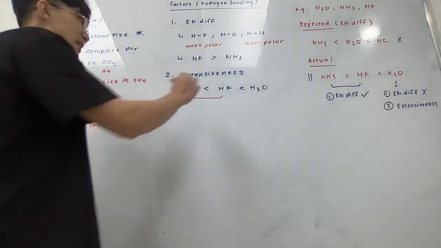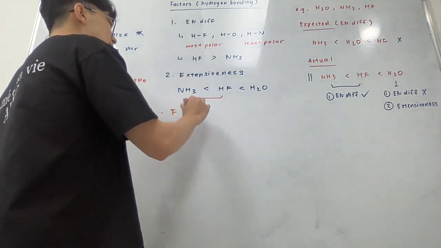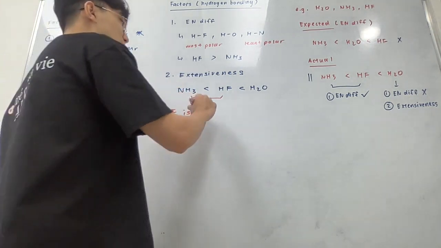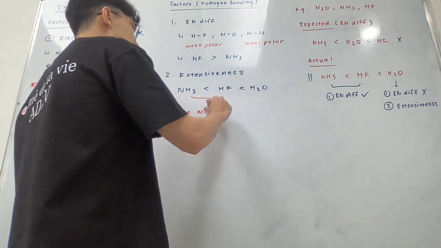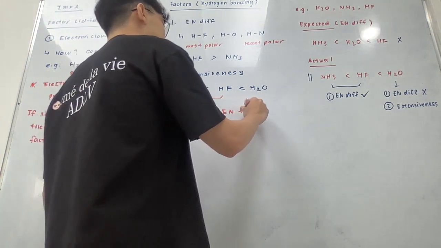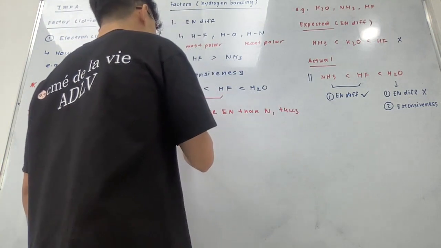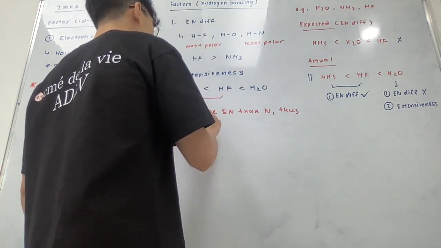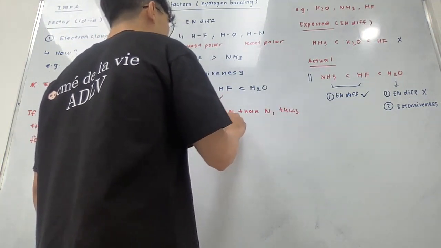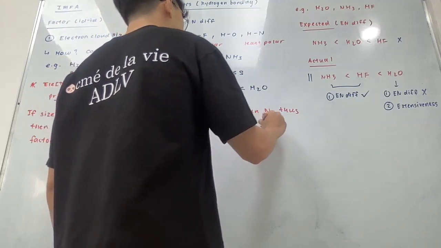Electronegativity. Fluorine is more electronegative. Good. So fluorine is more electronegative than nitrogen, thus the FH bond is more polar than the NH bond.